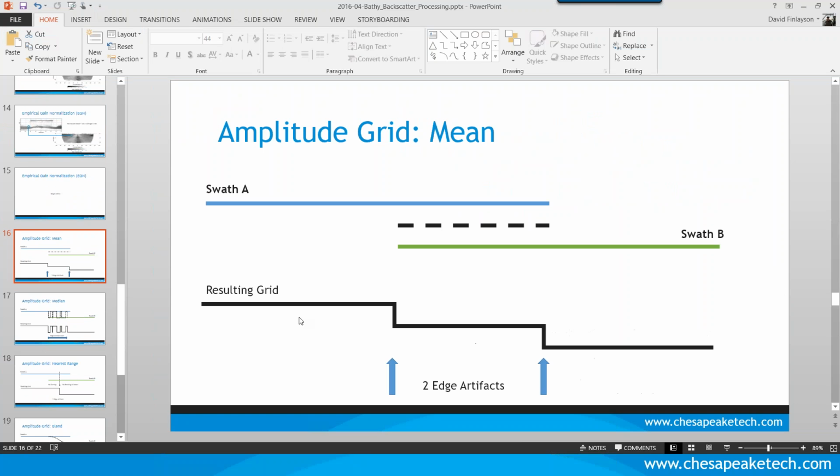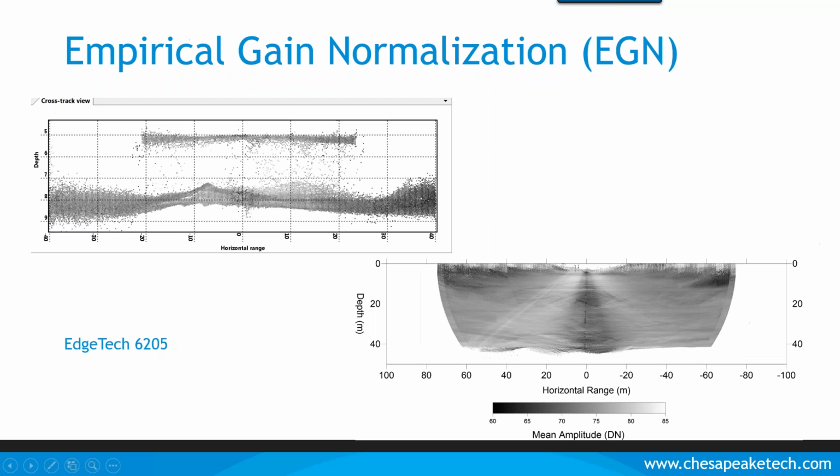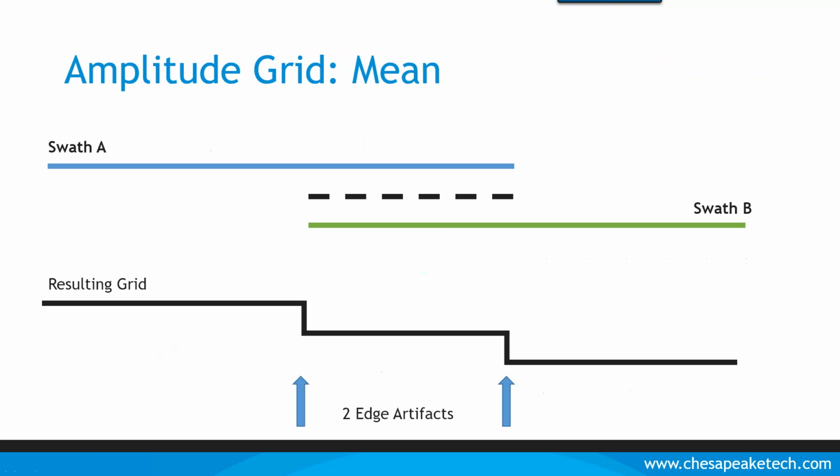So when you have 2 overlapping swaths, here we've got swath A in blue, and then swath B in green. Now let's assume that these are amplitude values and you have the overlapping swath.